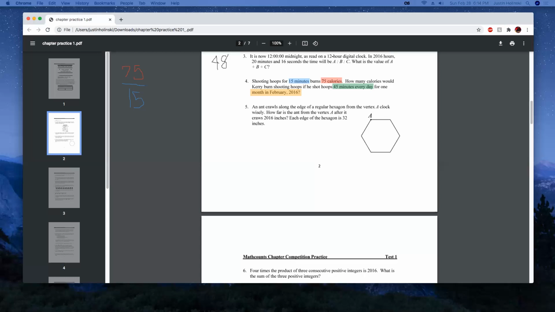Then, as per the green information, I can multiply that by 45. But what to do with the orange?